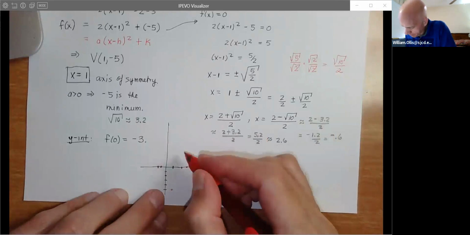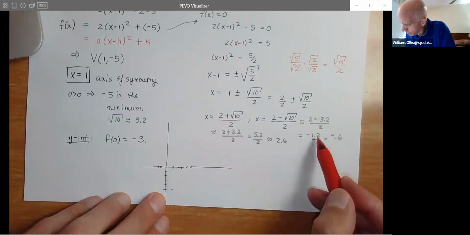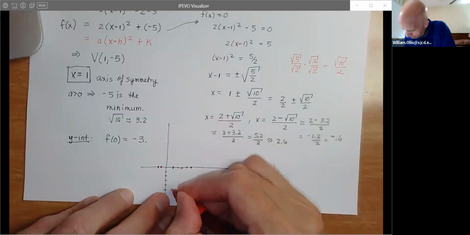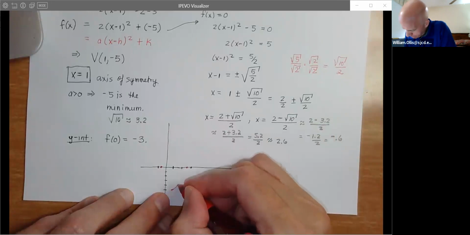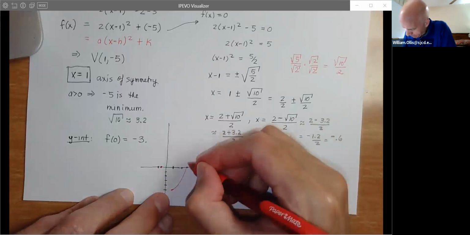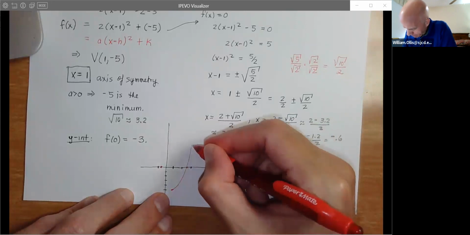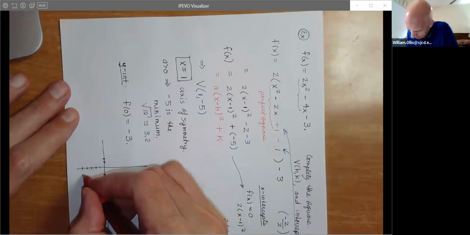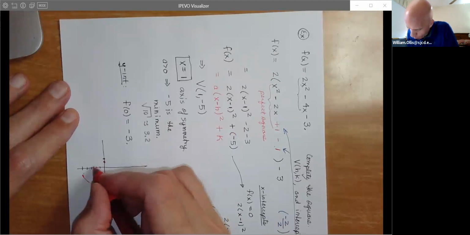That looks good. And here, that looks good. Oh, and then we'll cross through the -3, the y-intercept.